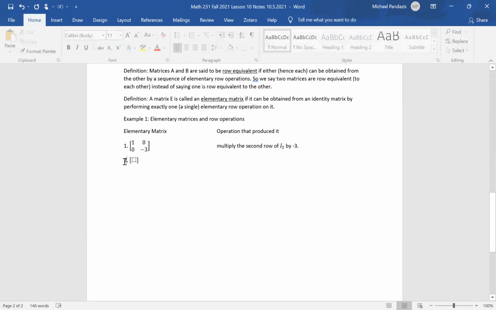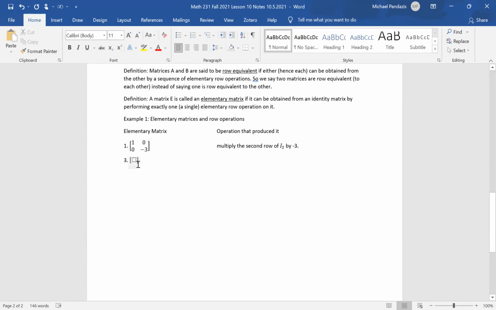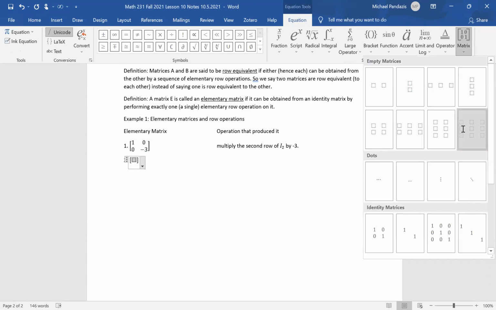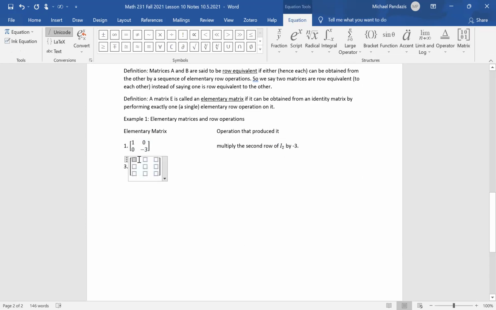Okay, another matrix. This is the third one in the book, so I'm going to call it 3. This matrix is 3 by 3, and it's 1, 0, 3, 0, 1, 0, 0, 0, 1.